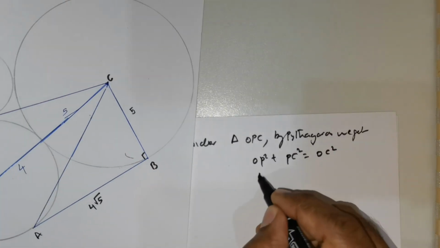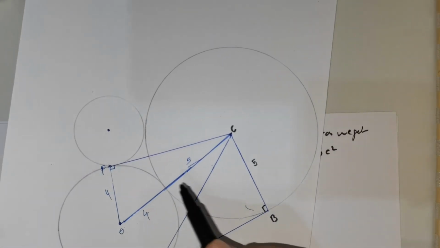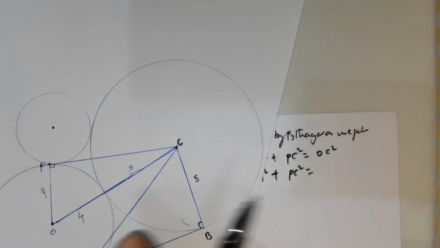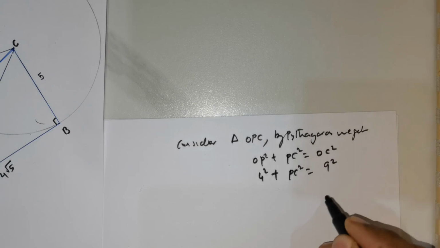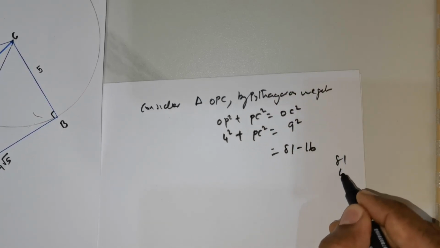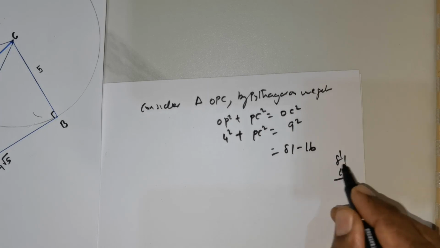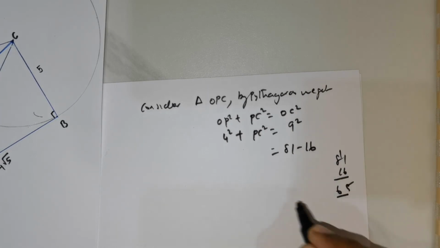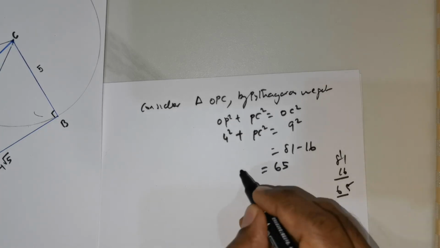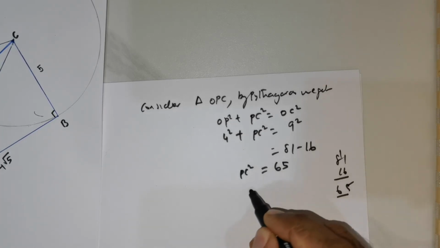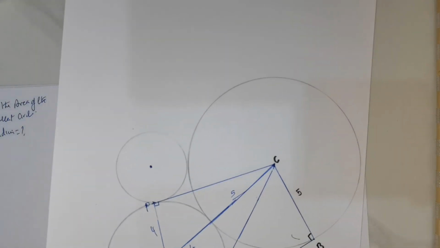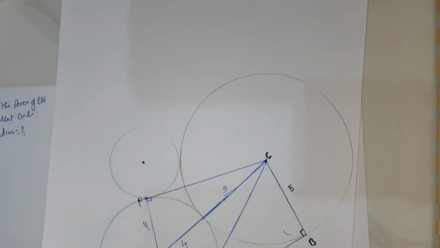OP squared is 4 squared, PC squared you need to find. OC squared is 4 plus 5, 9 squared, 81, minus 16. So this will give me 65. So PC squared is 65. PC is root of 65.